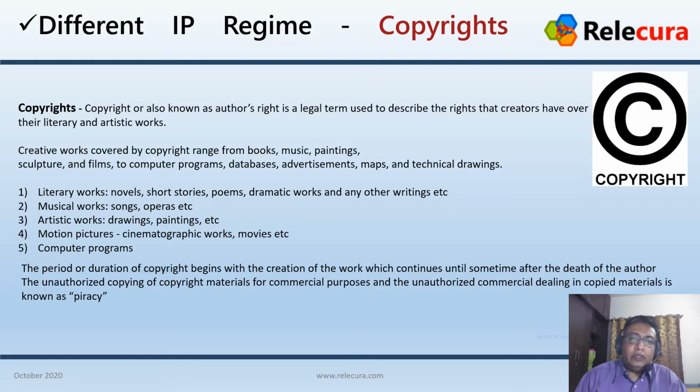So whenever somebody unauthorizedly copies songs or movies or, let's say, novels, and prints it without the permission of the author, then it will be considered piracy.